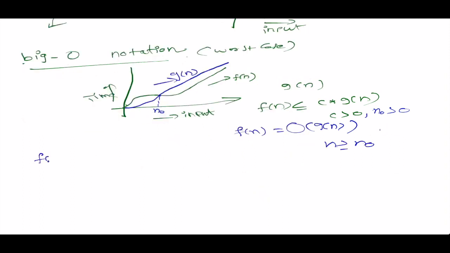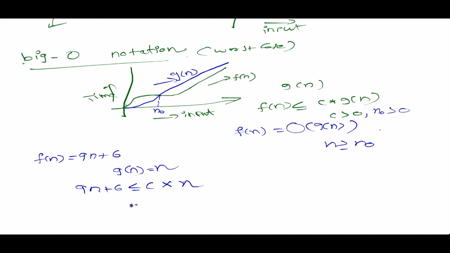Let's take an example. We have our f of n, a linear function, something like 9n plus 6, and now we need to take g of n, right? So let's start from g of n equal to n itself. Okay, so let's substitute in our formula. So 9n plus 6 should be less than or equal to some c into n, right?